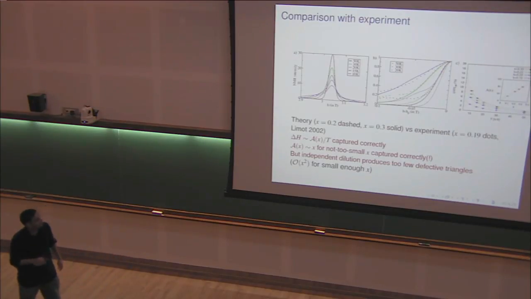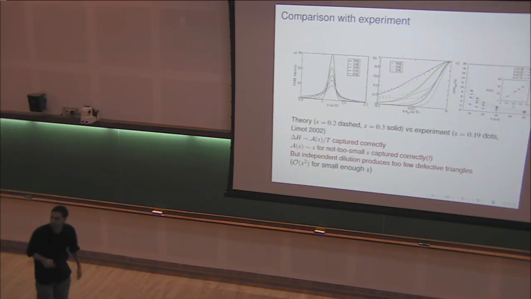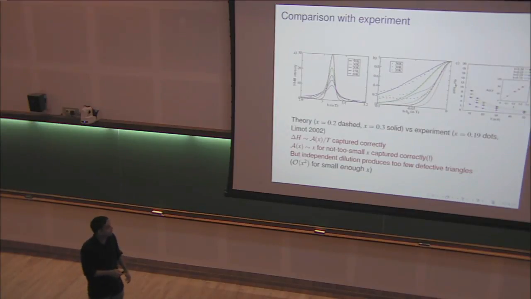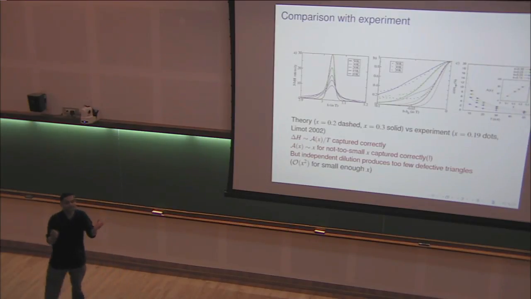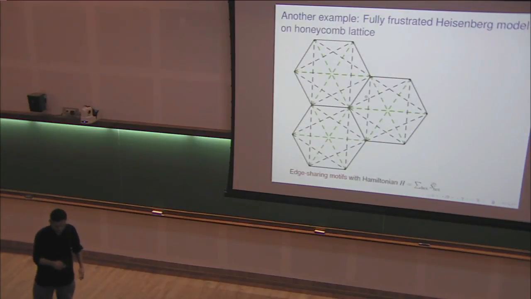The only thing that we got wrong was when the experimental value of the doping was some number, we had to use a slightly different value of doping. And that's probably because we assumed that the dopants go in stochastically in a completely random way, but it's not quite clear if that's correct, and maybe there's some clustering effect in these solid solutions.